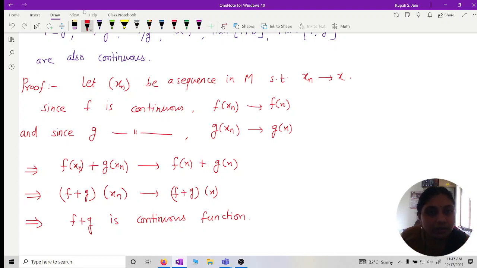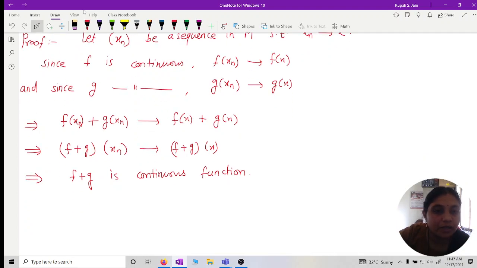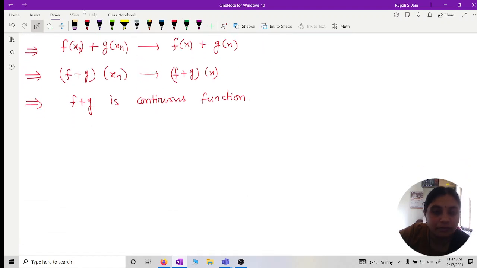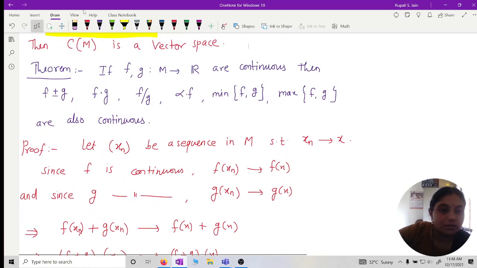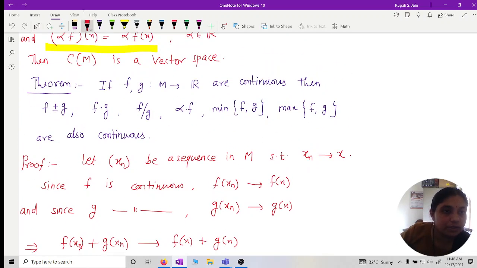Similarly, for negation, product, subtraction, division, all things you can represent in terms of addition and subtraction, and like that you can prove. This will be an easy exercise.